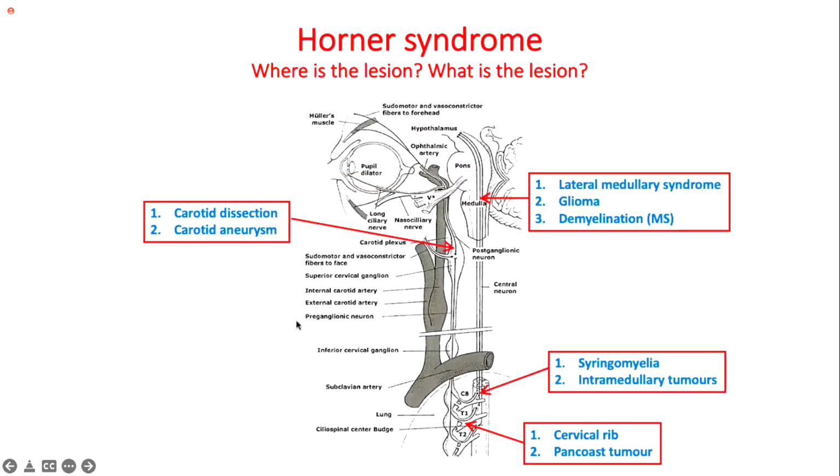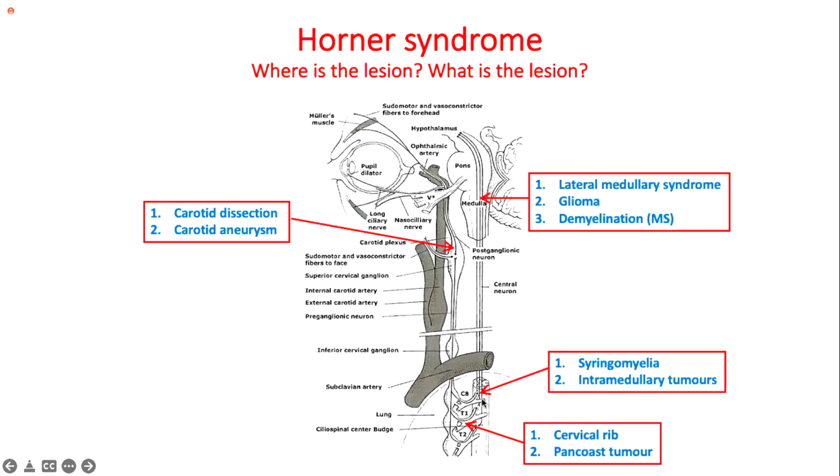Okay. So how do you localize to each one of these things? That is where you use your clinical skills. Because if the lesion is in the medulla, you get other clinical features. So go and read up on the clinical features you will get in the lateral medullary syndrome. Right? And you will expect to see upper motor neuron signs because the central nervous system is involved.